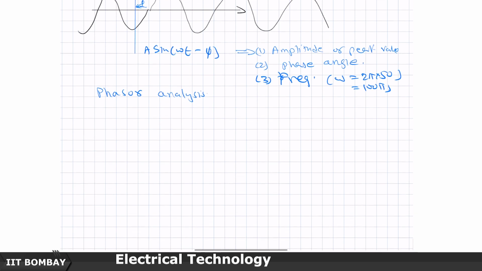Now, I am going to digress a bit. This was not in my initial plan, but a thought may have come to your mind: why is it that we are having voltage waveforms as sinusoids?